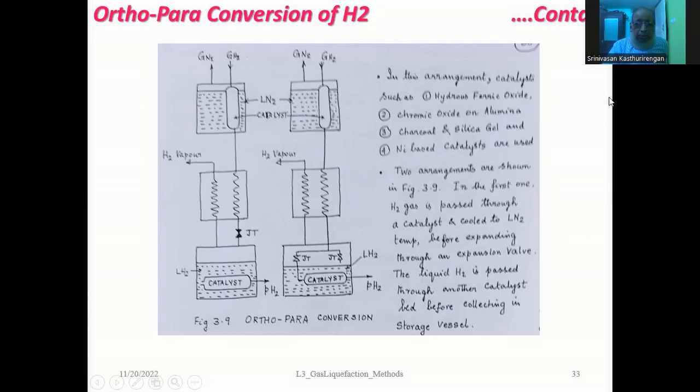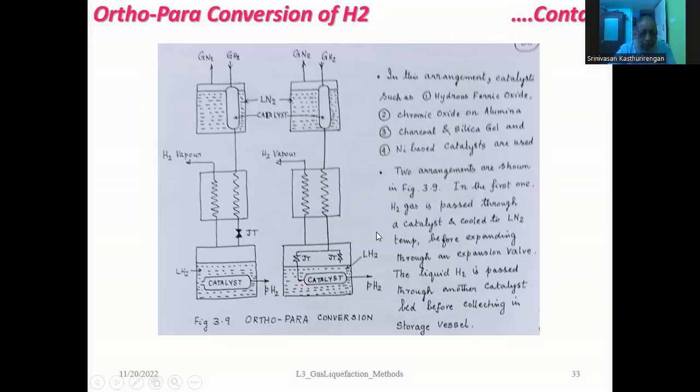In the second method, what we normally do is the gas which is coming here is expanded by Joule-Thomson expansion and made into two parts. In one path, it is expanding to produce the fluid here. In the other path, it is producing the fluid, but at the same time, the outlet of it goes through the catalyst and you collect the para-hydrogen.